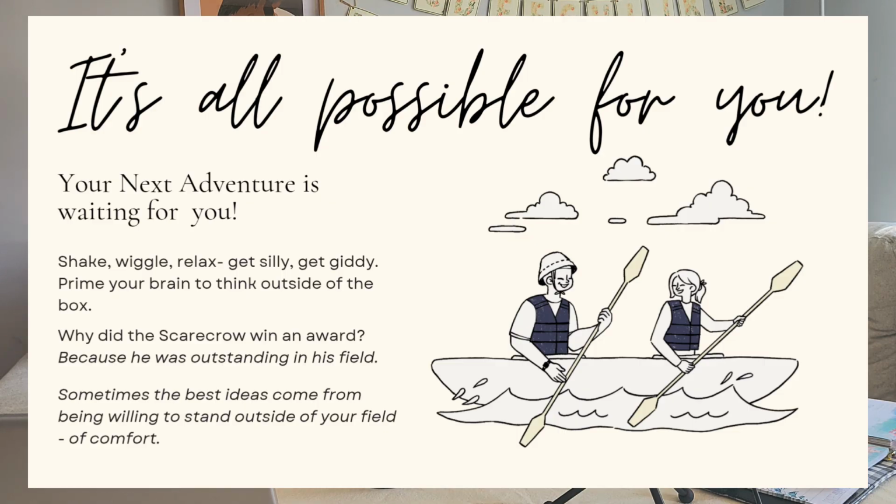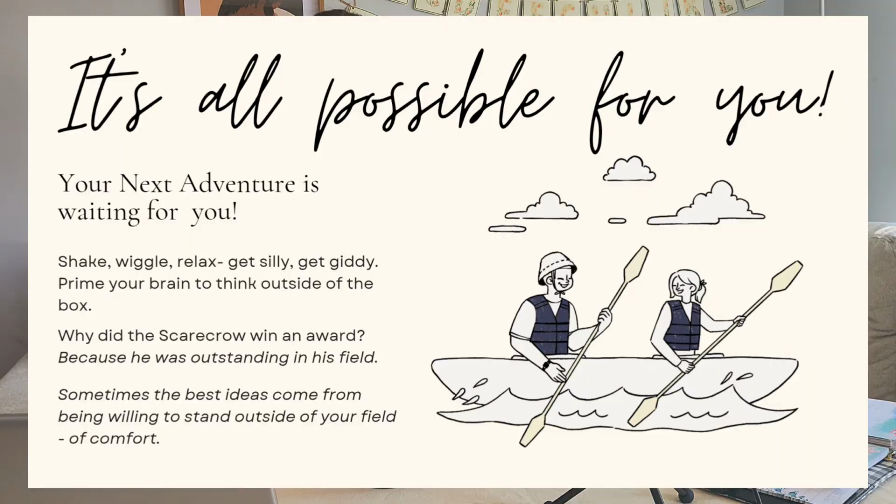Okay, so before we get started, we're going to just kind of shake some wiggles out. Maybe rock your body back and forth, shake your arms, shake your hands, really just kind of loosen up your nervous system. Take some breaths, loosen up your brain. I have a little joke in here because, fun fact, if you start with a little joke before you do any kind of brain work, it changes how the sections in your brain interact with each other.